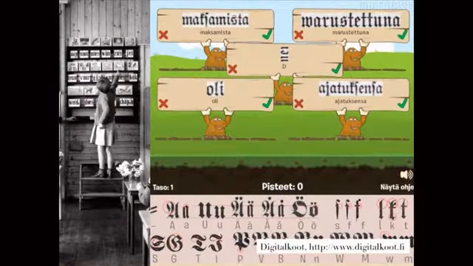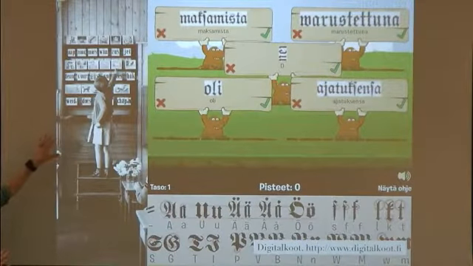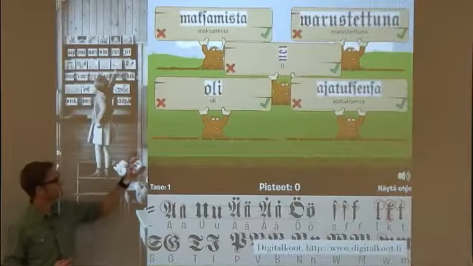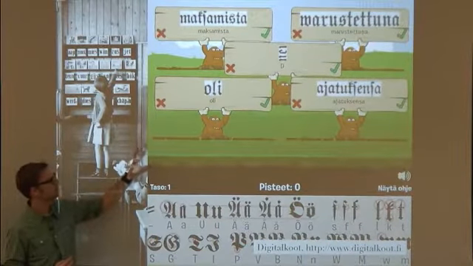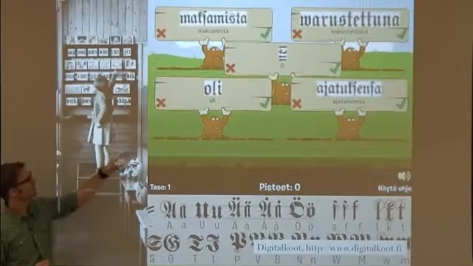I also like it because I found this Scandinavian classroom image, which sort of matches the Finnish word game. But this is a game for digitizing Finnish medieval transcripts. And what happens is these little moles hold up words with the OCR transcription, and you say, is this correct or incorrect?